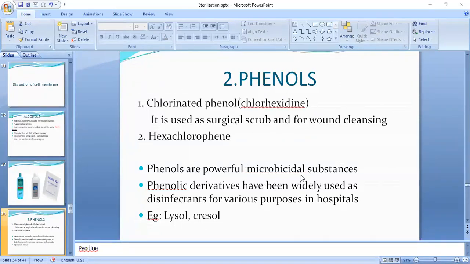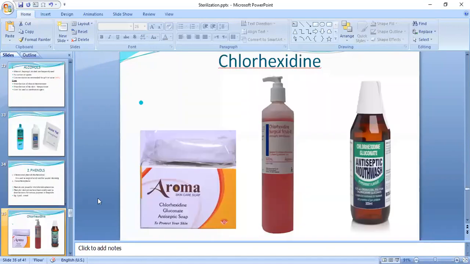We use povidone iodine gargles. This is another one, chlorhexidine, and these are examples of chlorhexidine preparations available in the markets at the medical stores.